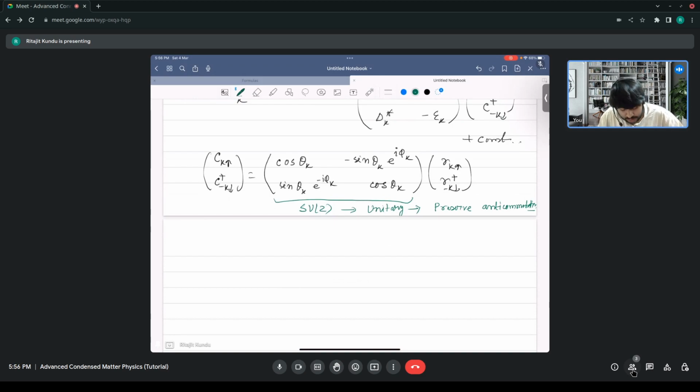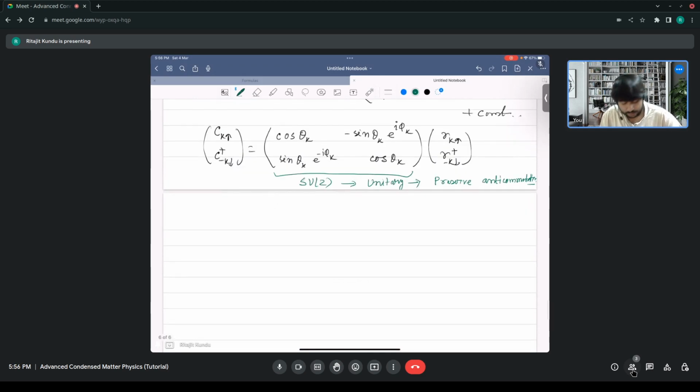Because this is unitary, I can also do the reverse transformation. The reverse transformation is just the dagger. So the gamma k up and gamma minus k down will be given by just the dagger of this matrix, right? With sine theta k e to the power i phi k and cos theta k.